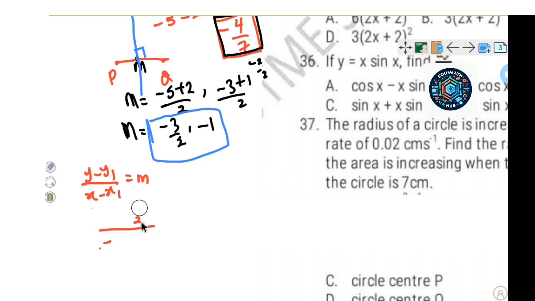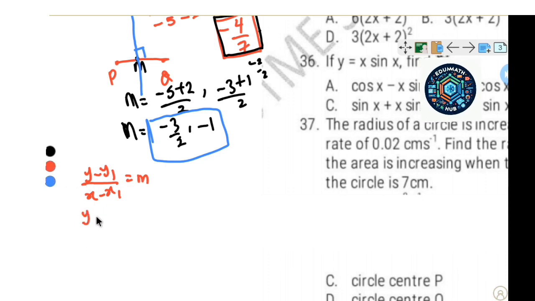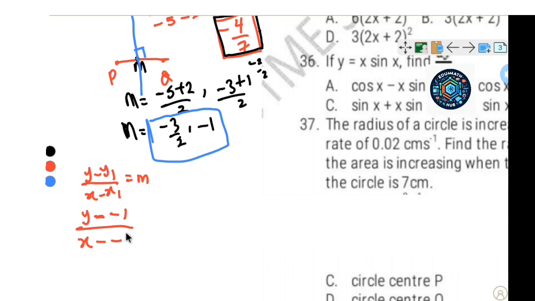So this is the equation you're going to use here. Let's start plugging it into the equation. So you have y minus, this is y1, so y minus 1 divided by x minus, this is x1, minus 3 over 2, equals m.